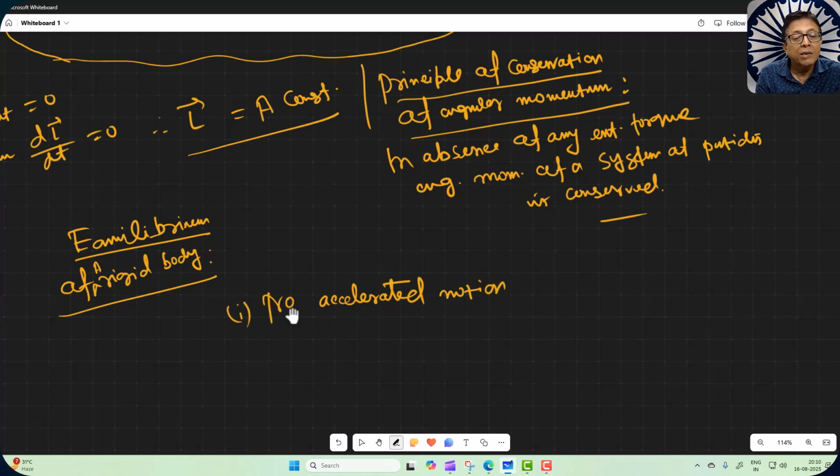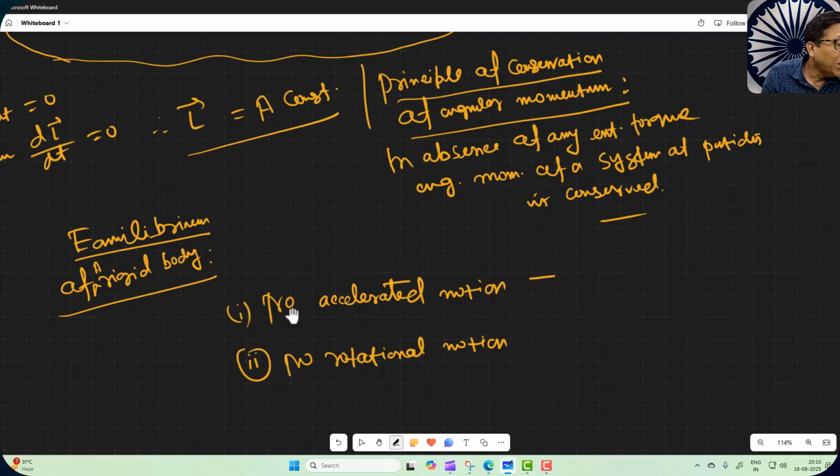And number two, you can see that pure translational motion due to a force will not be there. No accelerated motion, no rotational motion. But the first one implies what? Sigma Fi will be 0.